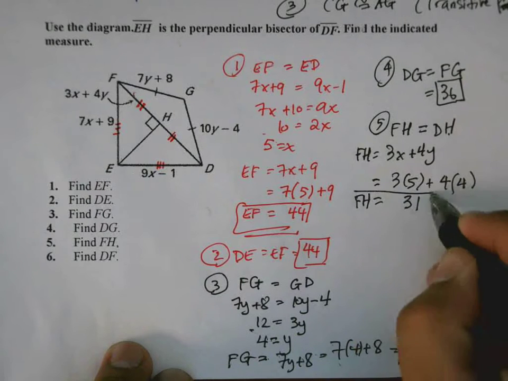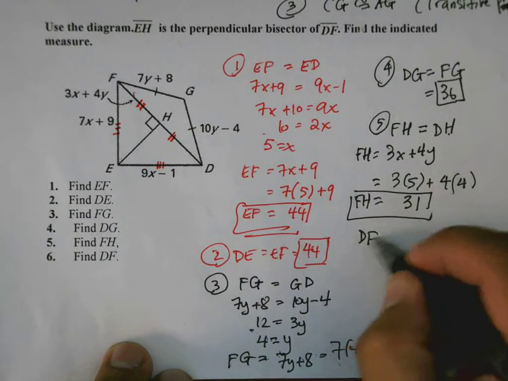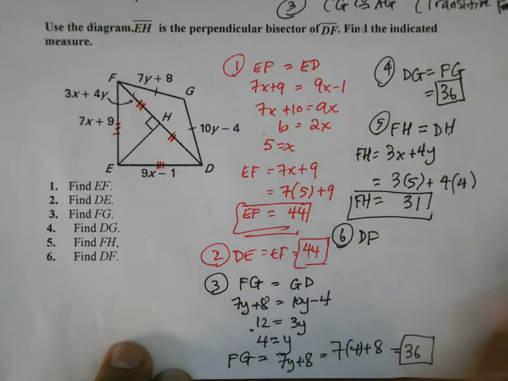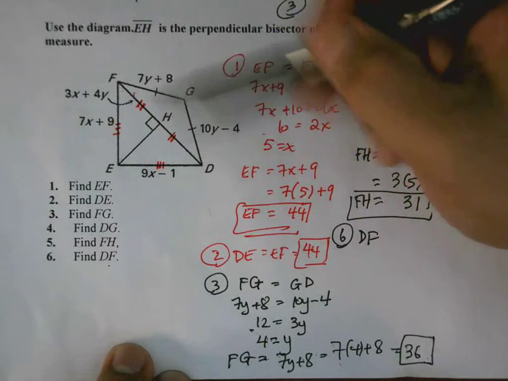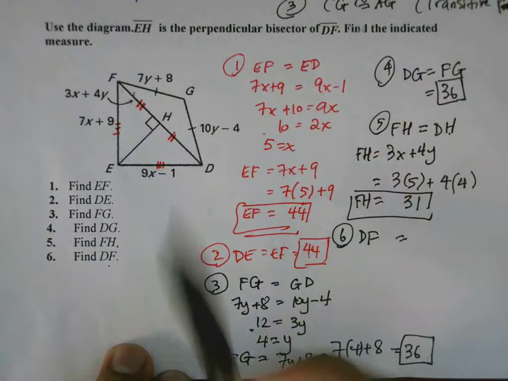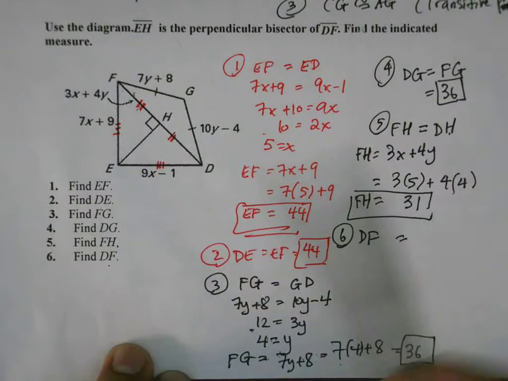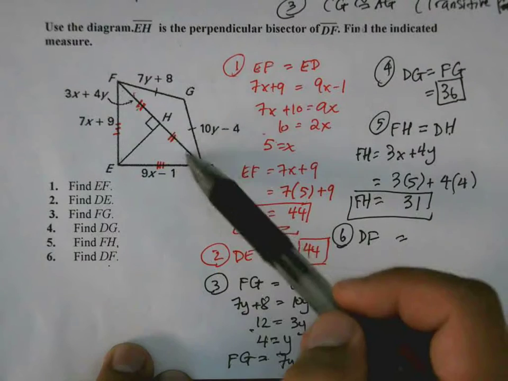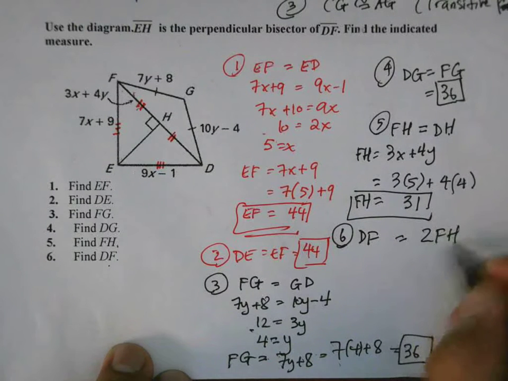Now DF, the last problem here, DF is the entire length here, but that must be twice as big as FH because you can see this length is congruent to this length. So DF is twice as big as FH. This is 2 times 31, which equals 62.